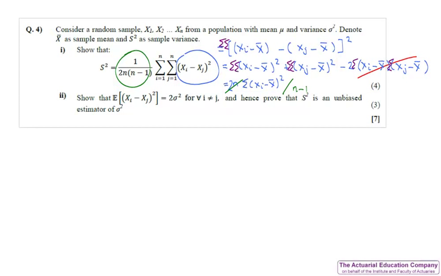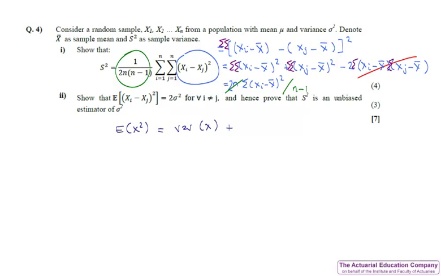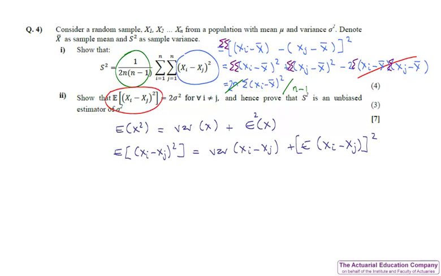Here we have to show that we have an unbiased estimator. To do that requires us making use of the result that E of X squared is equal to the variance of X plus the mean of X all squared. While applying this to our xi minus xj squared, we have the following.